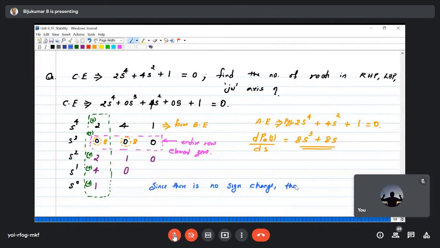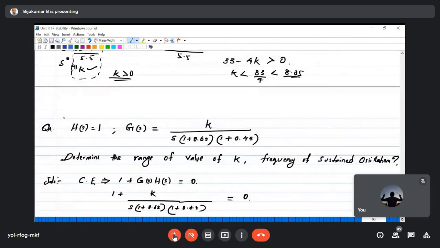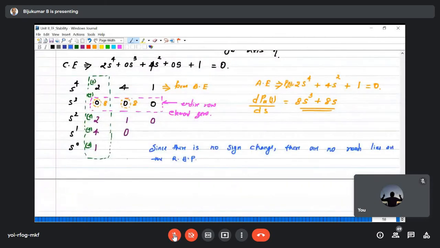So there are no roots lying on the RSP of the s-plane. In this problem, we have 4 roots, so we need to find where the other 4 poles are located. For that, what we have to do?